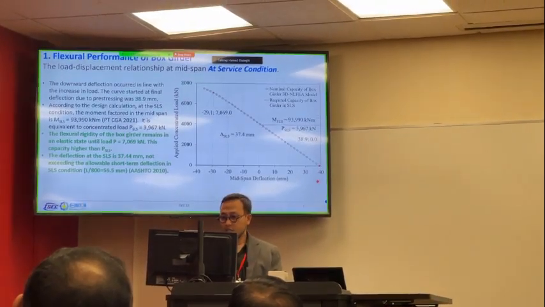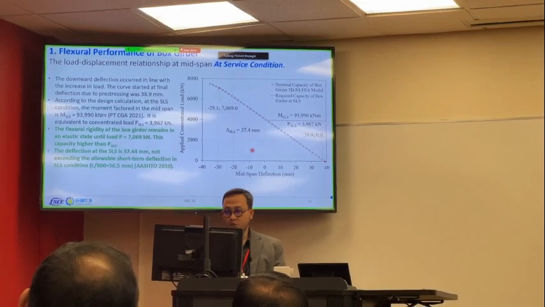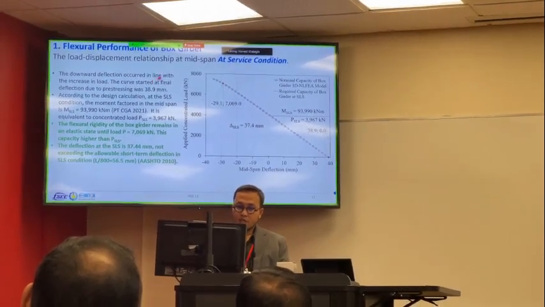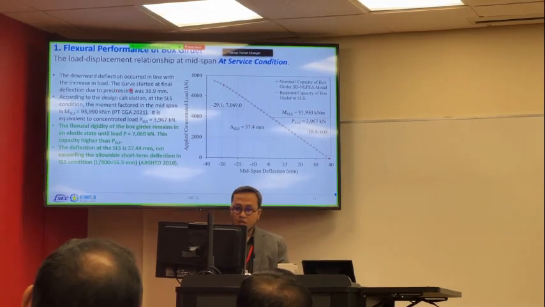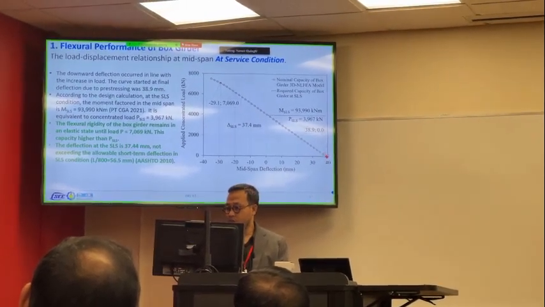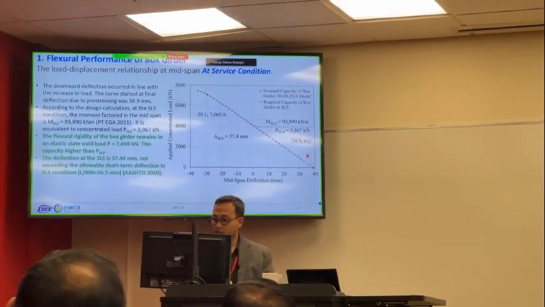And then next, it is the load and displacement relationship at the mid-span due to the point load. The downward deflection occurred in line with the increased load. The curve starts from the final pre-stressing deflection in jacking condition, 38.9 millimeter.